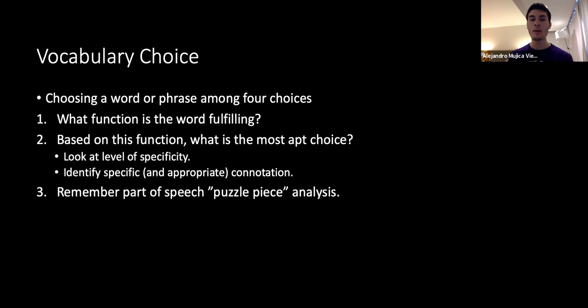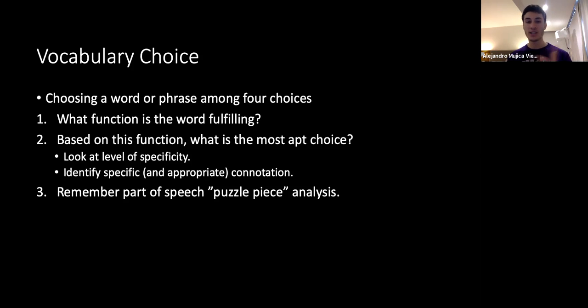If you remember that exercise that we did where the 2 choices we were between were satiated and fulfilled, here it was a question of not specificity, but connotation. Both of them expressed a feeling of being full, of not needing more, but one was specifically geared towards food and the other one was more abstract.